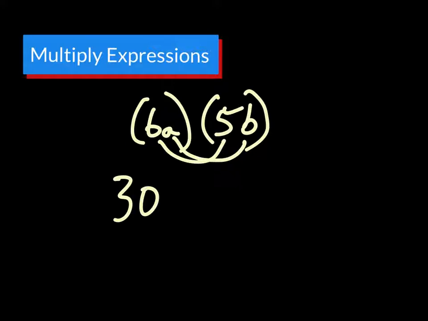And the exponents are only 1 anyway, but if the bases were the same, so for example, if they were both a, then we would end up with a squared when we combine the exponents. But in this case, the bases are different, so they can't be combined. Instead, I multiply the variables. a times b is ab. So the final answer is 30ab.